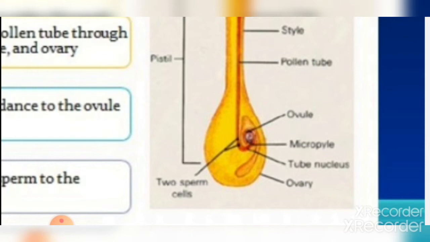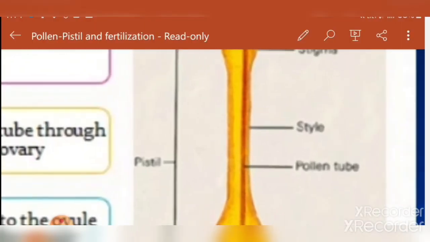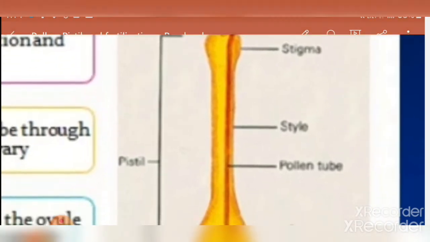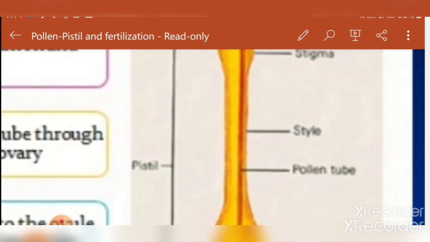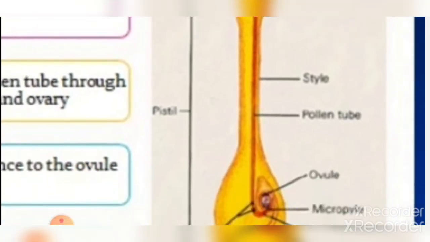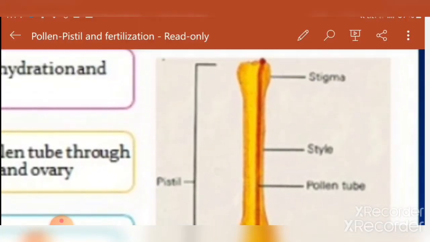When the pollen grain falls on the stigma, the pollen grain germinates. In megasporogenesis we are already clear that the pollen grain, that is the microspore, has a two cell stage. What are the two cell stage? One is called the vegetative cell, another is called the generative cell.